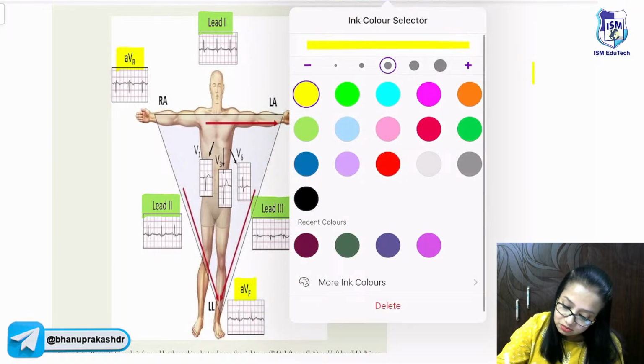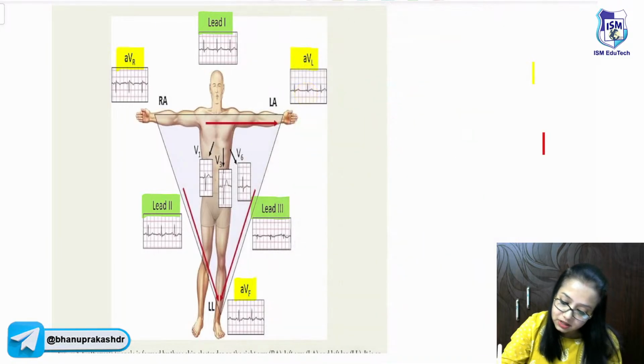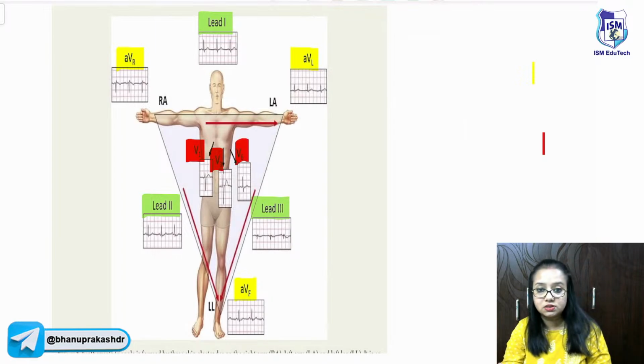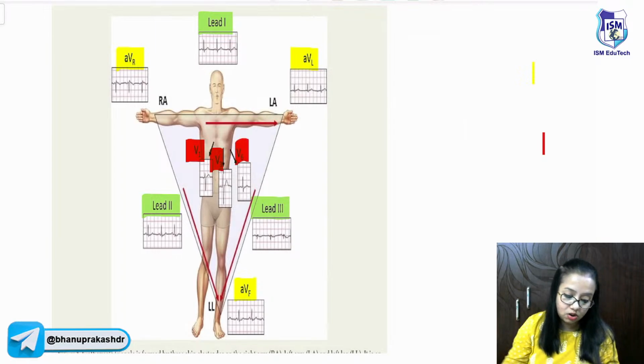And then we have the precordial leads. All of them are not shown. V1 is not marked, but that is V2, V3, then you have V4, V5 and then V6. So these are all the 12 leads placed together.